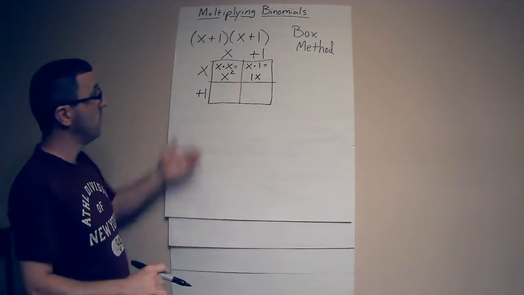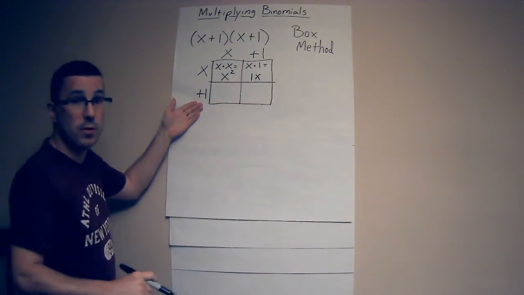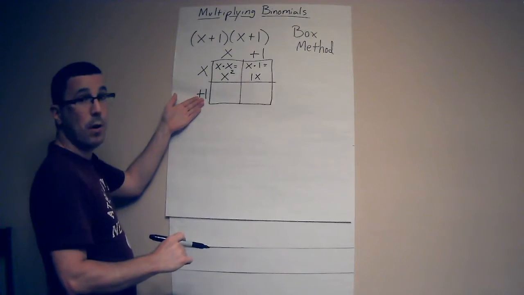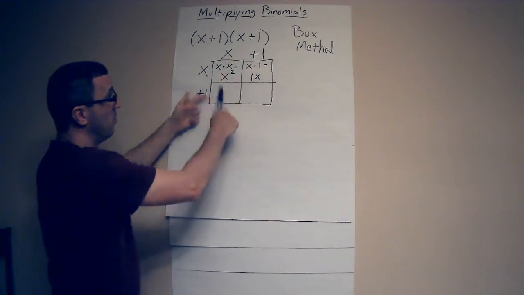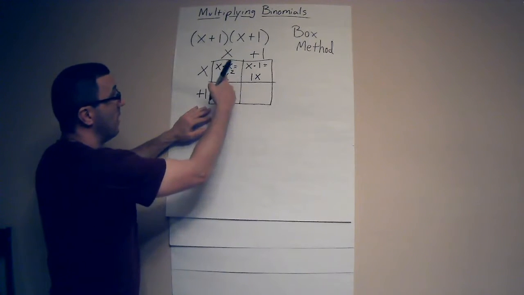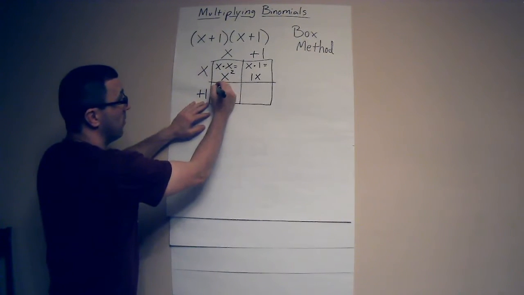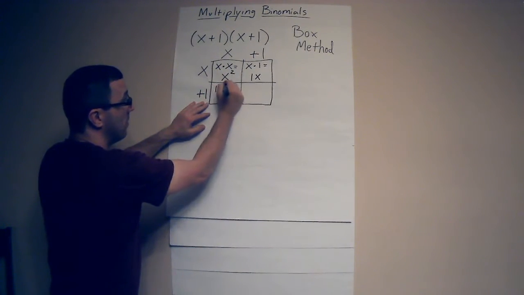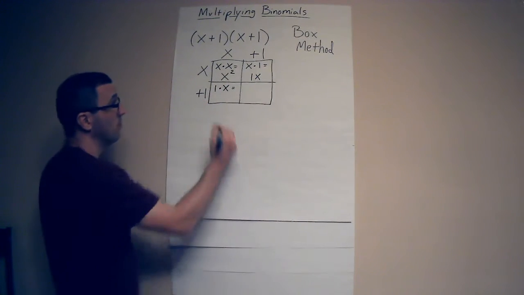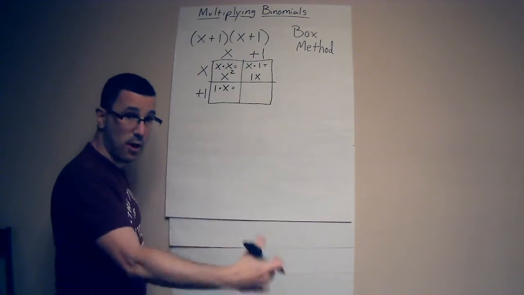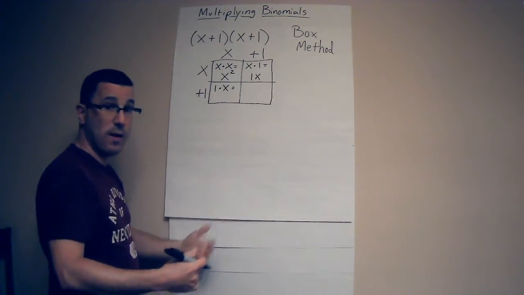Okay? So now I'm going to move down here where I have the positive 1, the plus 1. Above is an x. So again, I'm going to now write this as first 1 times x. And when we have a number times a variable, we just write the number in front of the variable.